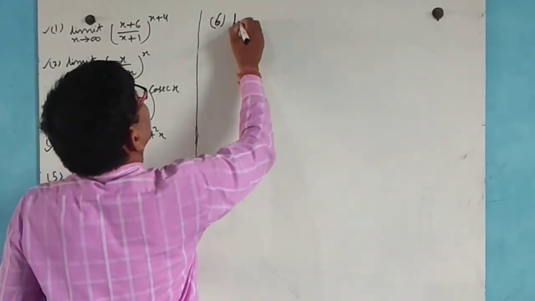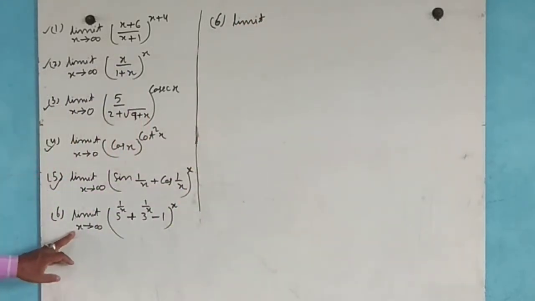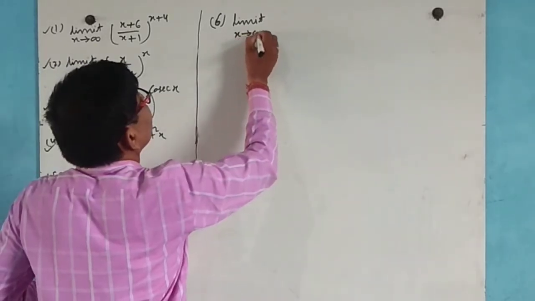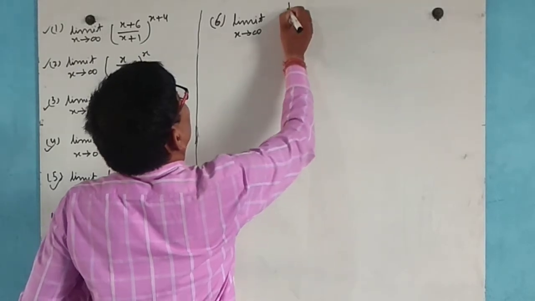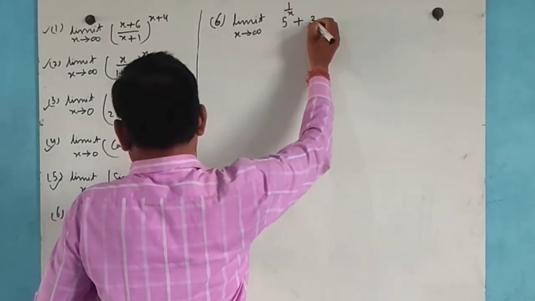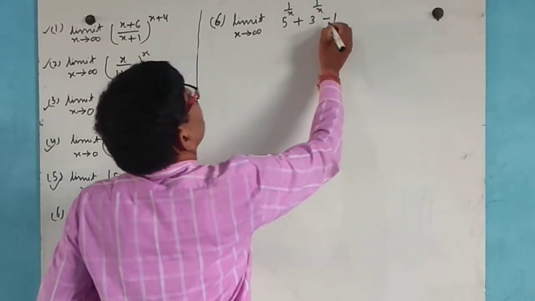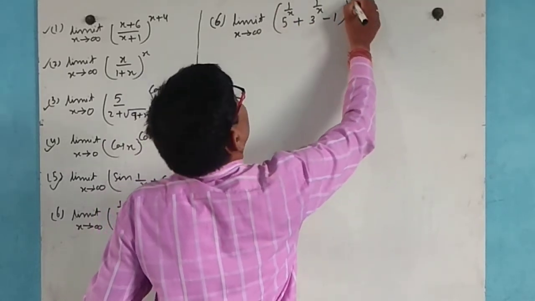Limit x tends to infinity of (5 to the power 1 by x plus 3 to the power 1 by x minus 1) to the power x.